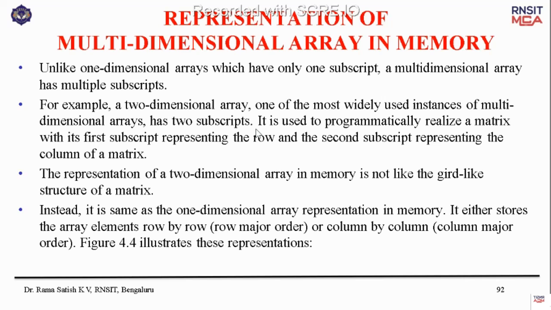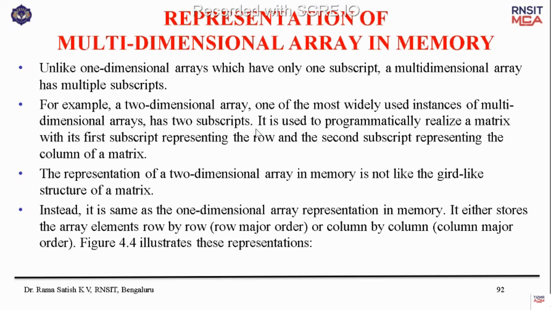For example, a two-dimensional array has two subscripts, one for the row representation, another for the column representation. Similarly, one of the most widely used instances of a multi-dimensional array with two subscripts is the matrix representation. It is used to programmatically realize a matrix with its first subscript representing the row, and the second subscript representing the column of the matrix. So that is one very important thing.